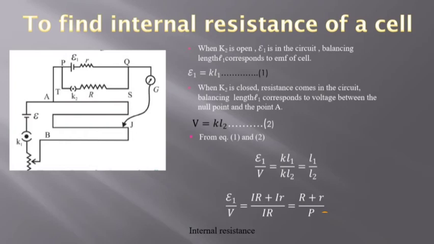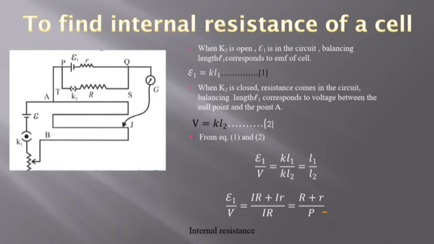Now consider the loop PQSTP. Therefore, we get E1 is equal to IR plus Ir and V is equal to IR. Therefore, the equation is E1 by V is equal to IR plus Ir upon IR.